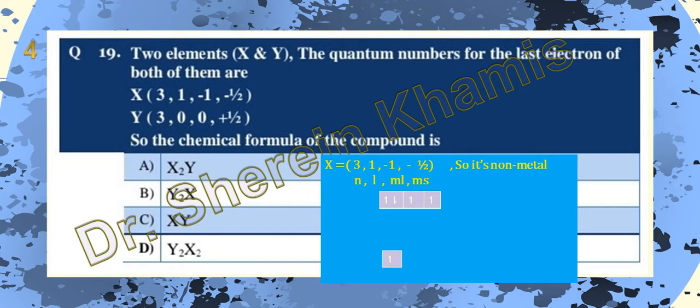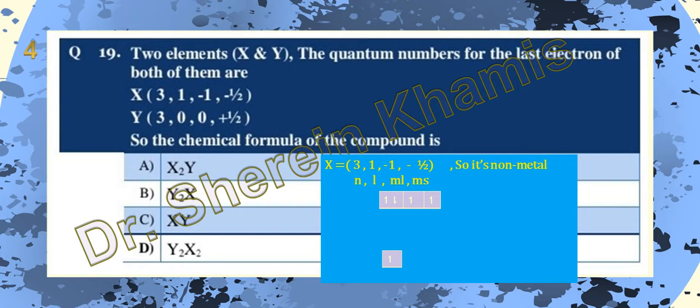We have 3 in the principal quantum number, so we are in energy level number 3. We will write the electronic configuration: 1s2, 2s2, 2p6, 3s1, 3p.